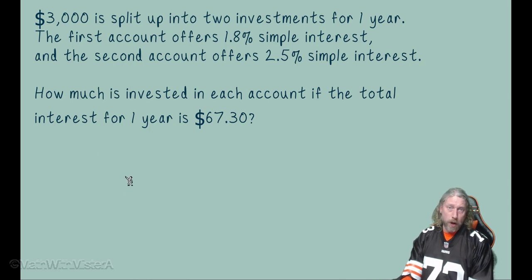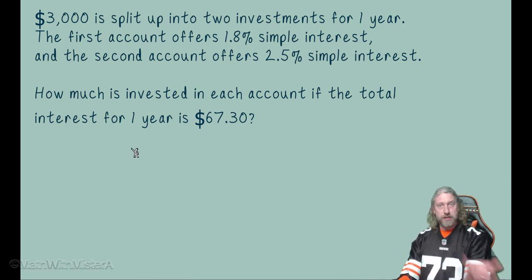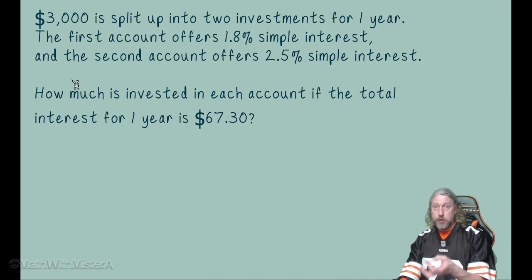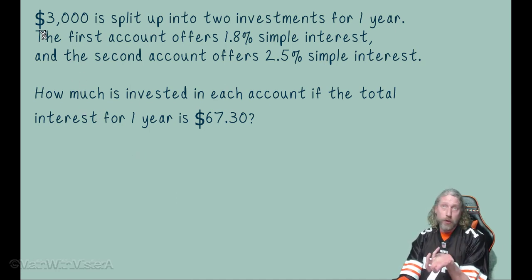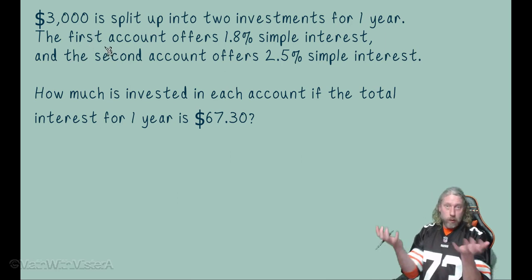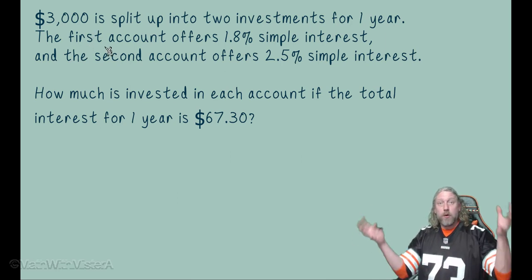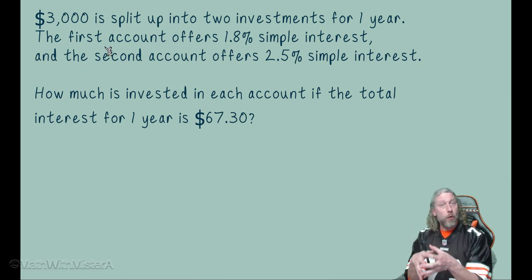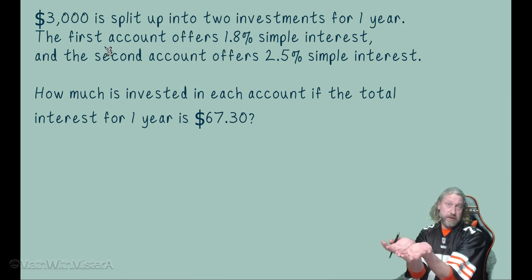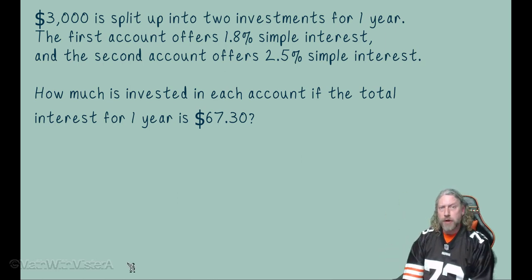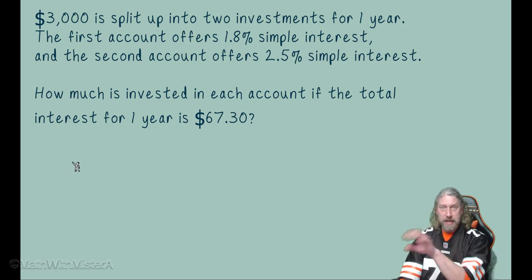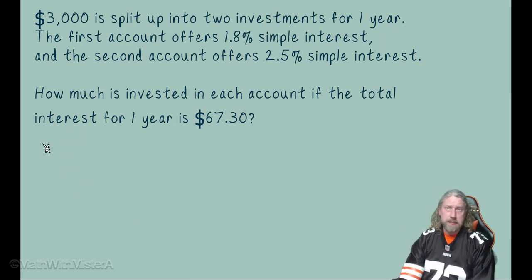So there are two unknowns, the principal in each of these two accounts, but we know that the two principal amounts would total $3,000.